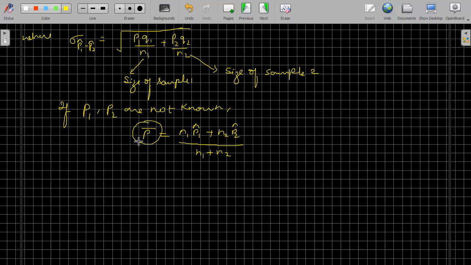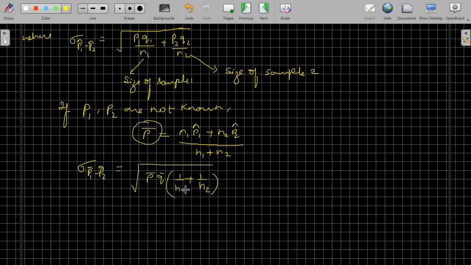This is the weighted average value of the two sample proportions, and we use it to estimate the proportions of the two populations by assuming that they have the same proportions. So in that case, sigma p1 cap minus p2 cap is given by the square root of p bar q bar into 1 upon n1 plus 1 upon n2.